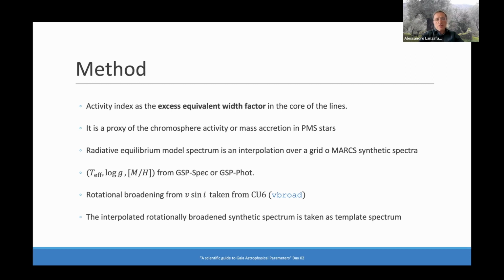Rotational broadening is taken into account, so the template spectra are rotationally broadened according to the V-broad parameter provided by CU6, which analyzes and reduces the RVS spectra. And as I said, the interpolated rotationally broadened synthetic spectrum is taken as a template spectrum.